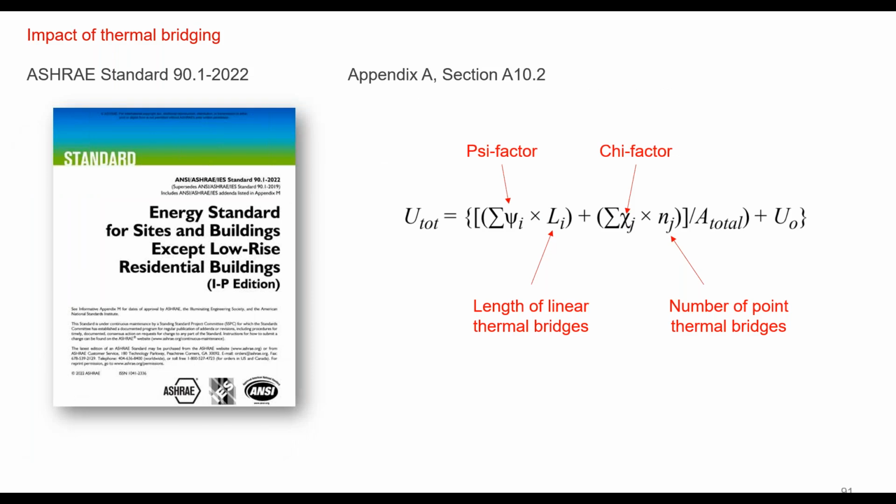And then starting in 2022, the ASHRAE standard actually requires you to document thermal bridges. And so this gets, again, a little more complicated, where you have to actually look at linear thermal bridges, which is a length, and point thermal bridges, which again are protrusions, basically where you have a structure that goes through insulated assemblies.